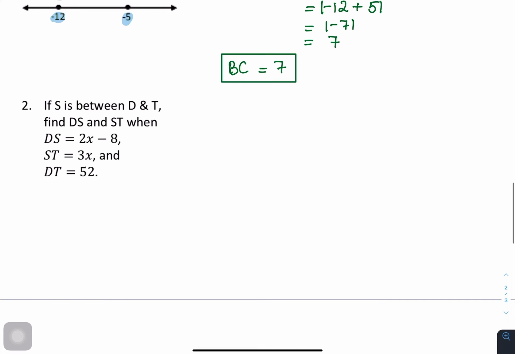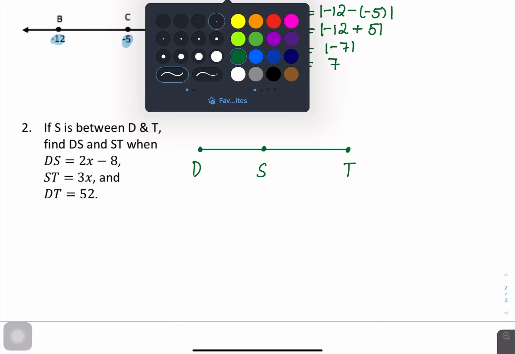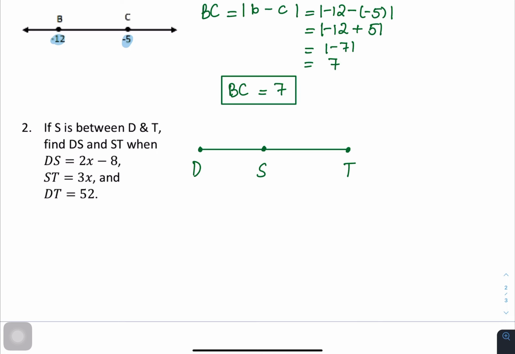Last one. If S is in between D and T, let's draw that. D here, T here, and S in between. They said DS is 2x minus 8.